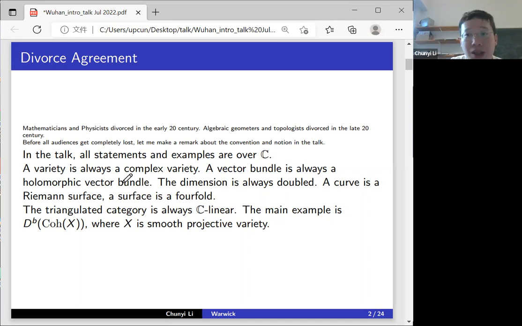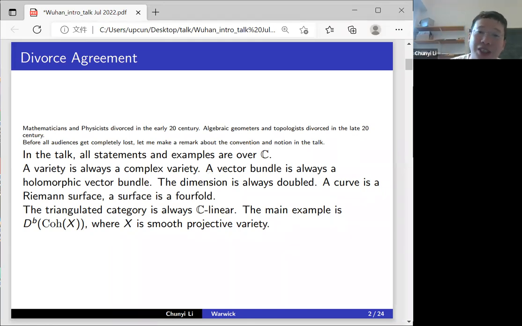Another thing is the tricky one: the dimensions in my talk are always doubled. So when I say a curve, I actually mean, in the real world, a surface. And when I say surface, I use the so-called K3 surface a lot in the talk. It means fourfold, and threefold means sixfold, and fourfold actually means eightfold, and so on and so forth.